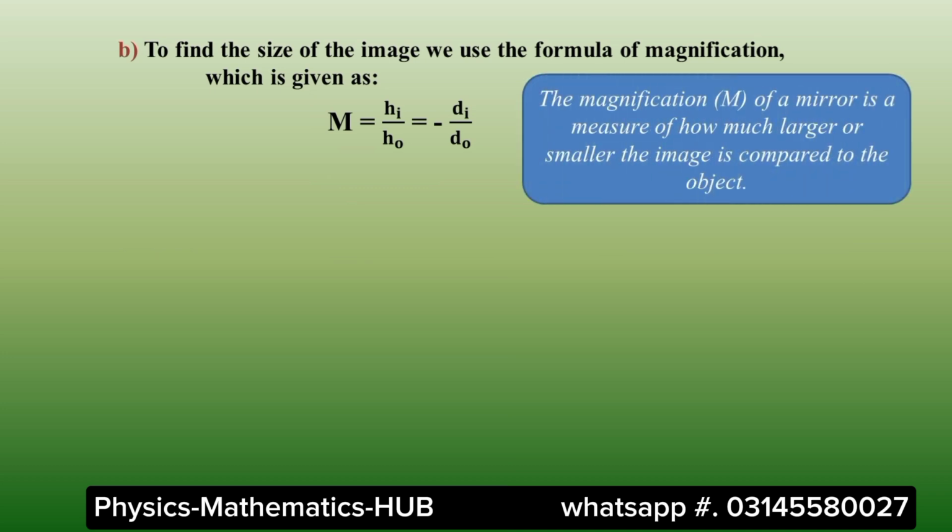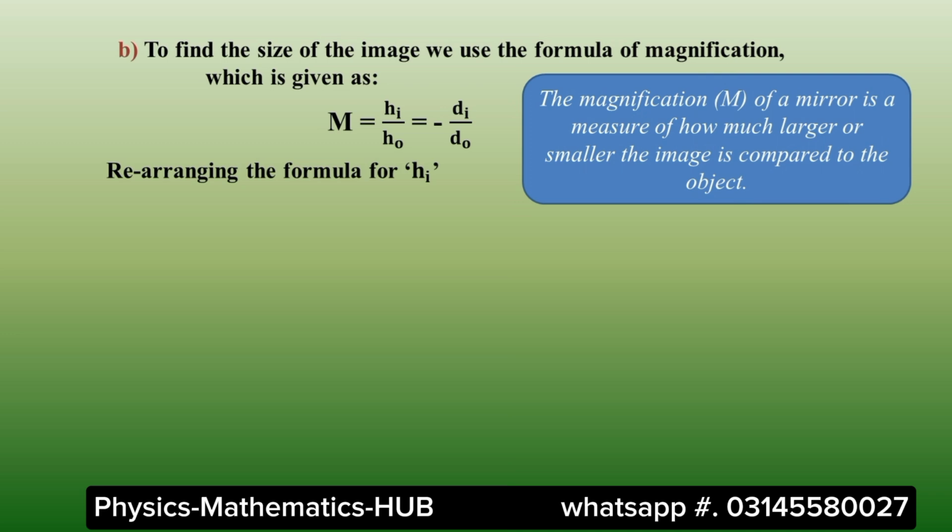Here magnification is defined as a measure of how much larger or smaller the image is compared to the object, known as magnification of the mirror.